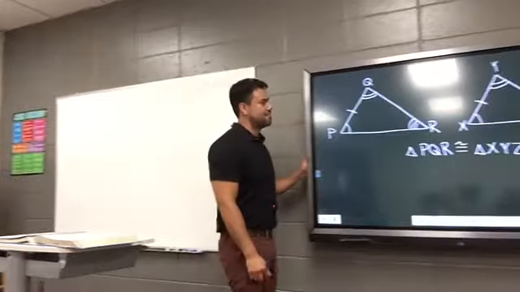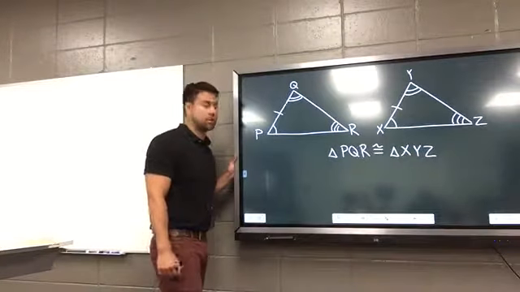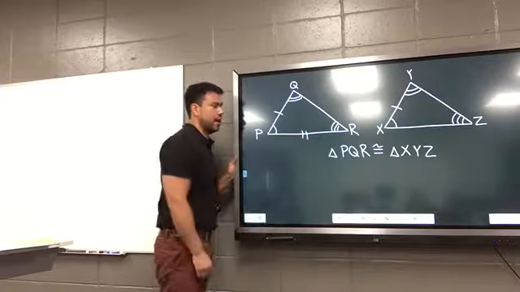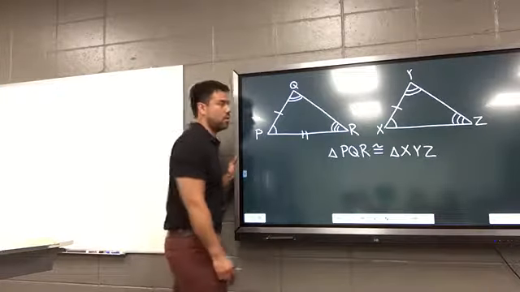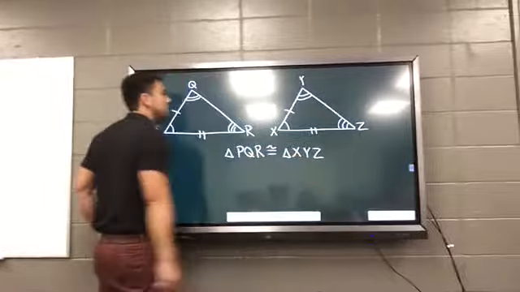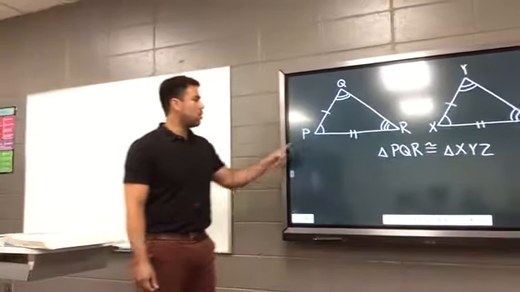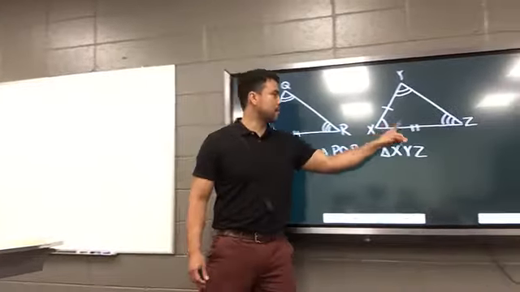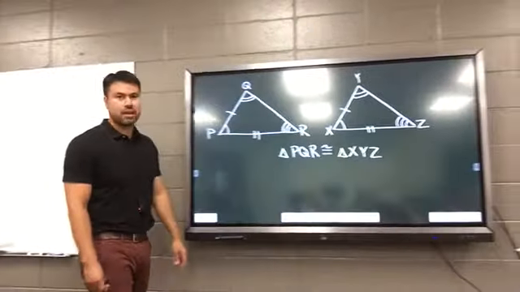I decided to put 2. Where would you put them? You tell me. On the bottom. Okay, so 2 here, and then 2 on... So segment PR is congruent to segment XZ. Okay, I'm good with that.